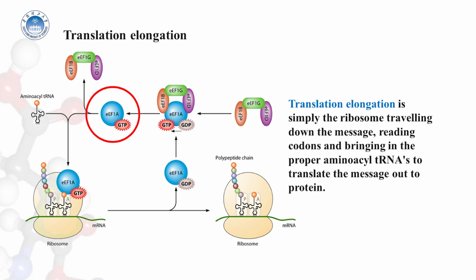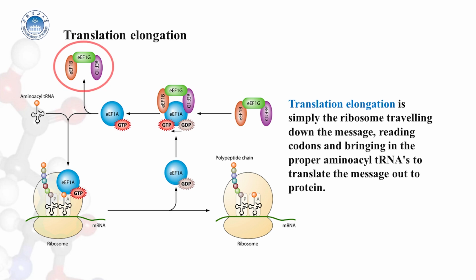Eukaryotic elongation factor 1A, which is circled in blue in this figure, in complex with the GTP, which is labeled by a red star, delivers an aminoacylated tRNA to the A site of the ribosome. The GTP is hydrolyzed when the codon-anticodon recognition occurs, and eEF1A and the GTP is released from the ribosome.